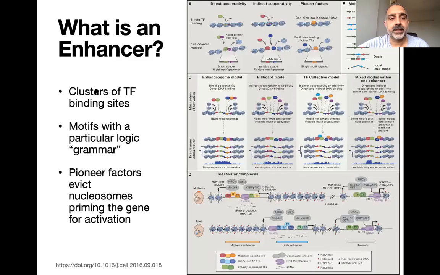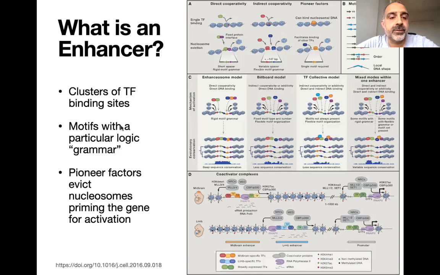So that's exactly what it is. An enhancer is essentially, you can think of it as clusters of transcription factor binding sites. There are different ways of thinking about these clusters, and my feeling is that both are fairly accurate, and it depends on the context.